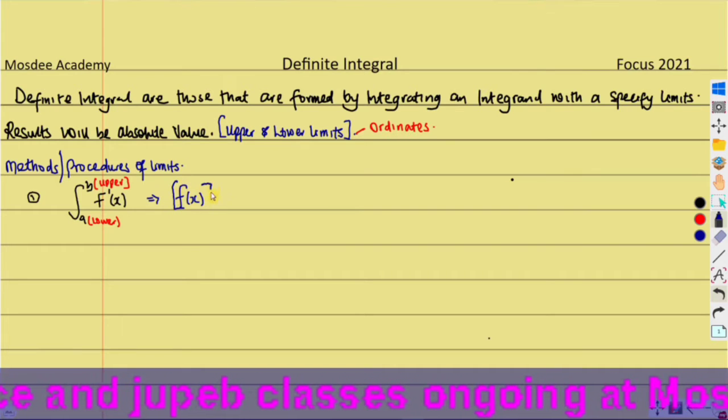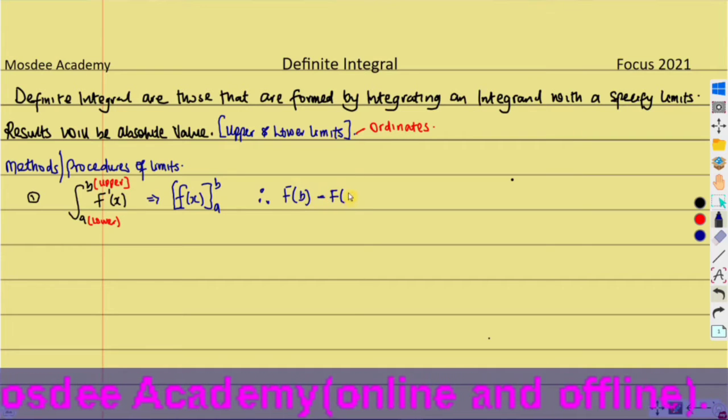So what we do is substitute the values of x for a and b, but we always subtract the lower ordinate from the upper ordinate. This is the way we actualize this, and this is the standard definition we give to a definite integral of a function.